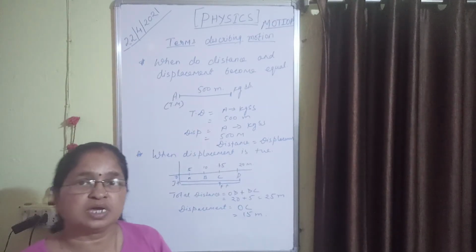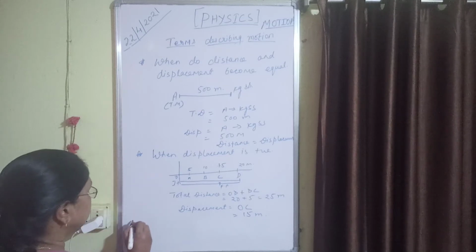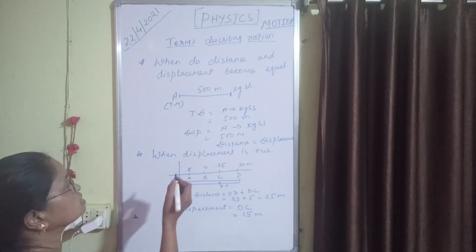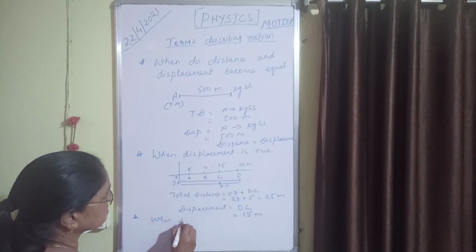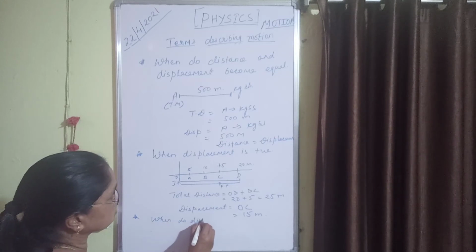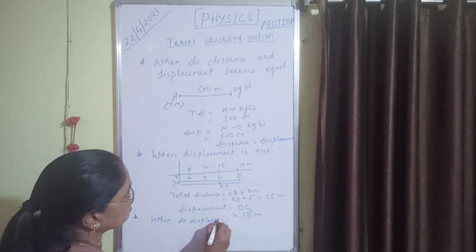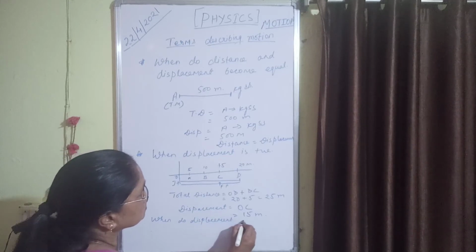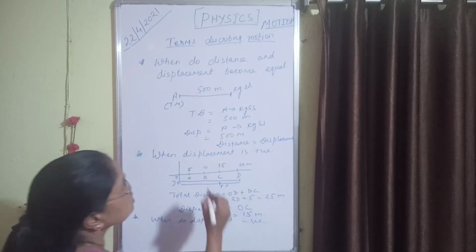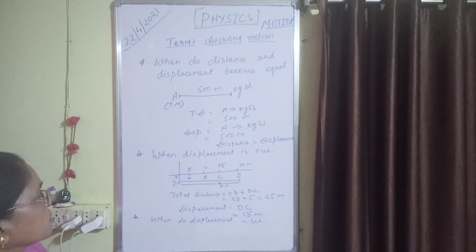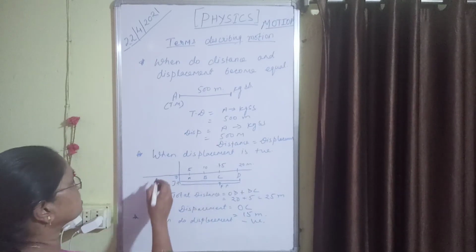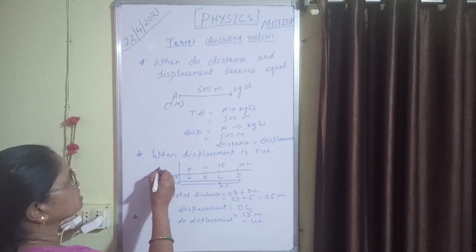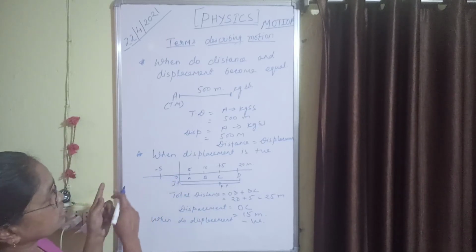One more case we have: when does the displacement become negative? See students, in the second case we have studied like this. Suppose here it is -5. I have extended the x-axis back.